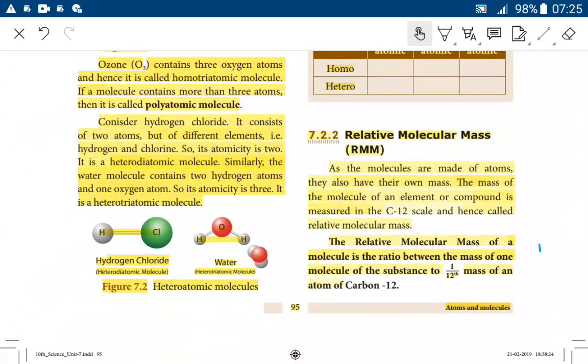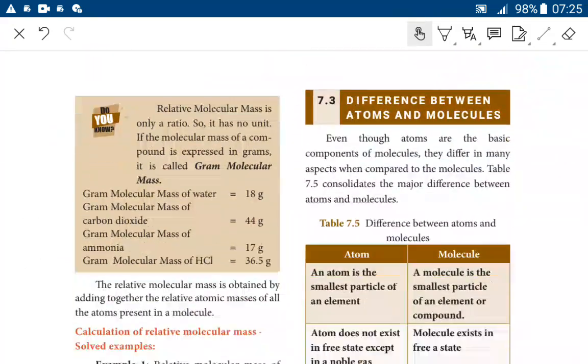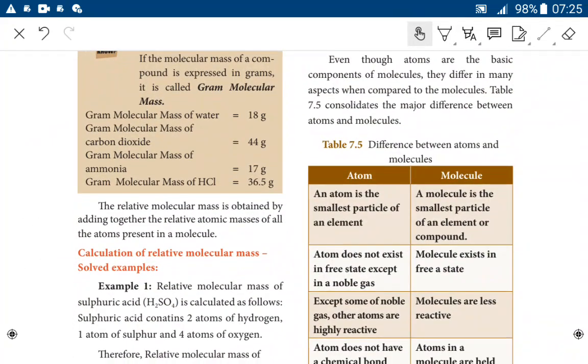And relative molecular mass. So molecular mass also is simply a number, there is no unit. We are going to compare the molecular mass of any element using the standard carbon 12 scale. Then simple differences between atoms and molecule: atom is a very small particle, molecule is also a smallest particle, but it can exist in free state.